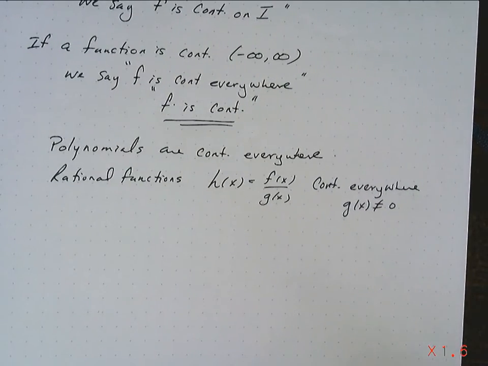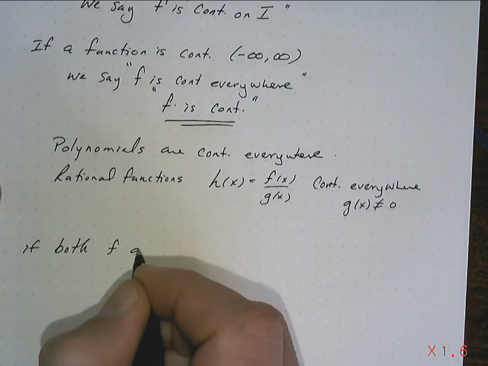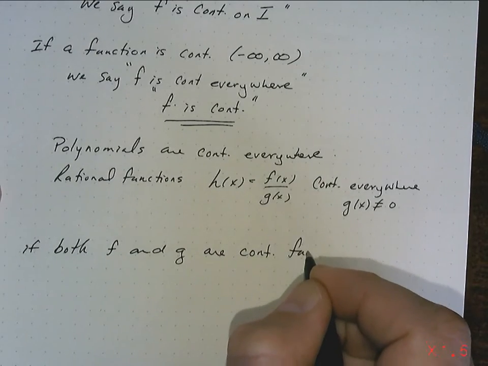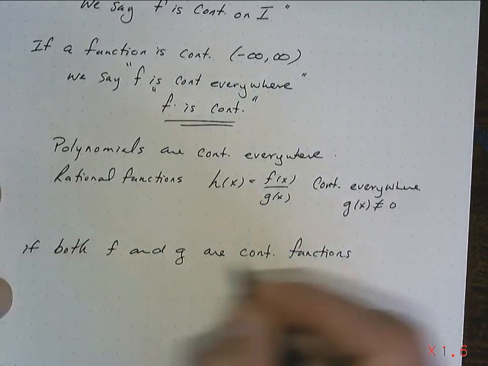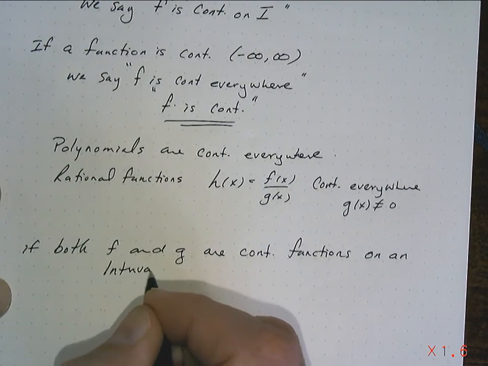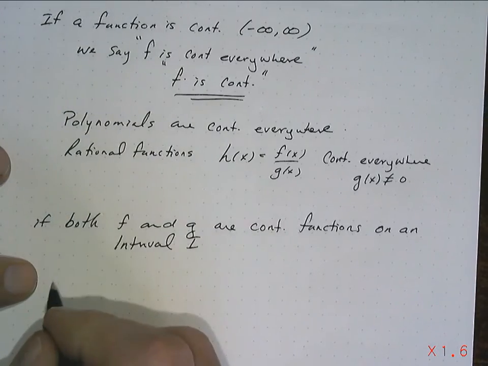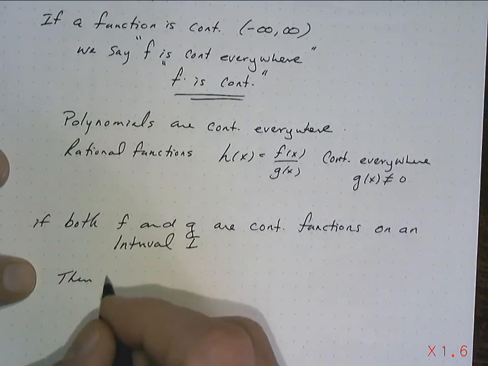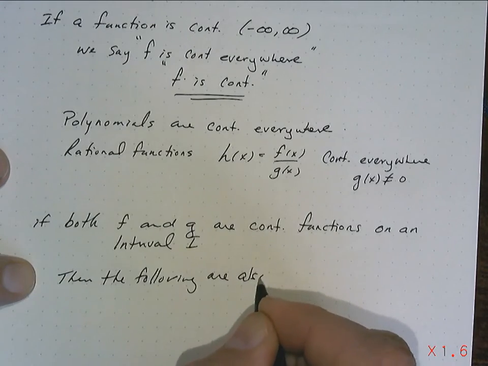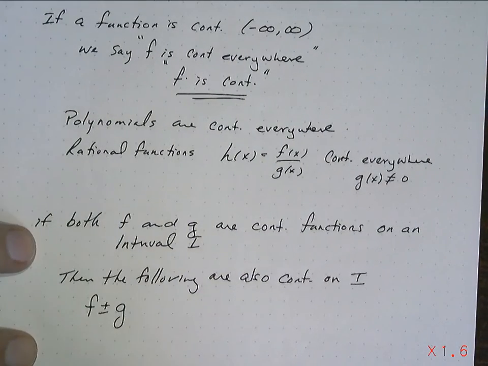What about if I have functions and I make a new function out of them? Well, if both f and g are continuous functions on an interval I, so what I'm saying here is that f and g are both continuous on the same interval I, then the following are also continuous on I. And that would be any sum or difference of the two functions.